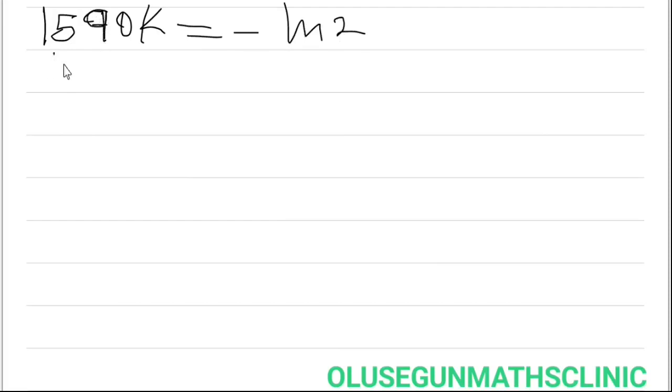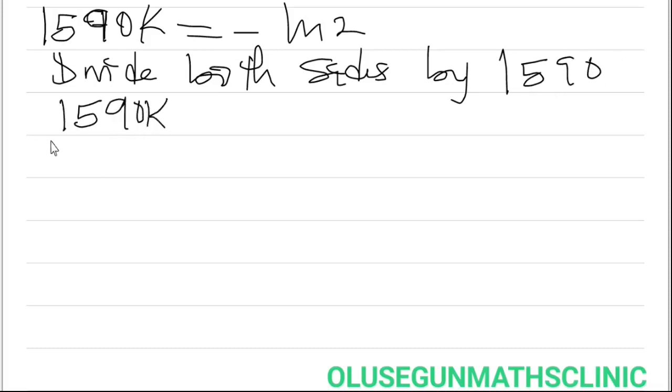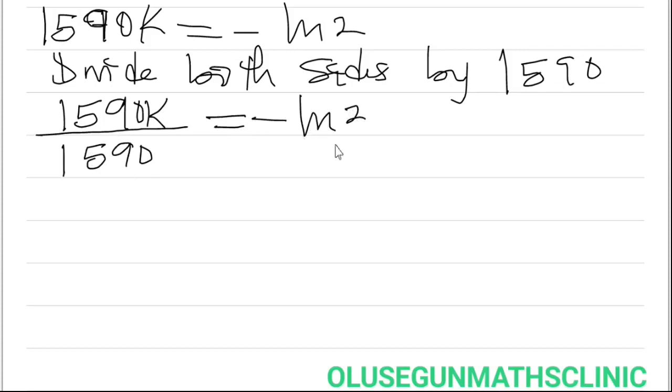Now divide both sides by 1,590. So 1,590k over 1,590 is equal to minus ln 2 over 1,590.